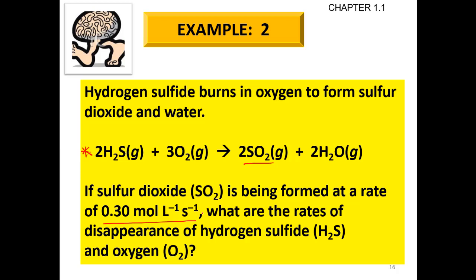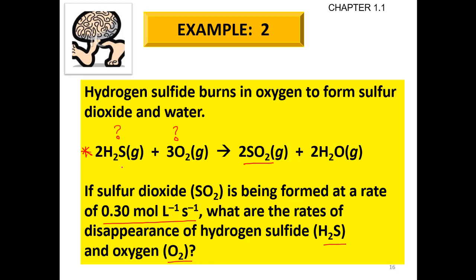Ni adalah rate change in concentration over change in time. Soalan tanya what are the rate of disappearance. Rate of disappearance maksudnya berapa banyak rate yang berkurang untuk hydrogen sulfide dan oxygen gas. So dia suruh kita cari rate untuk oxygen gas dan hydrogen sulfide gas, berapa banyak dia berkurang.